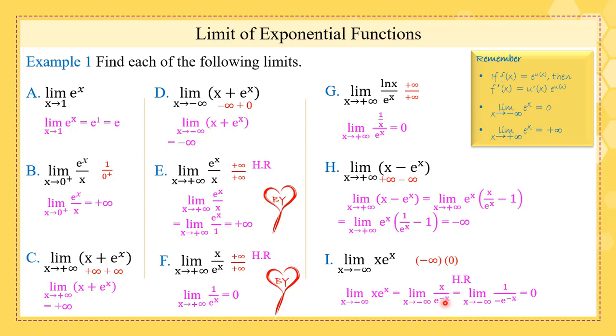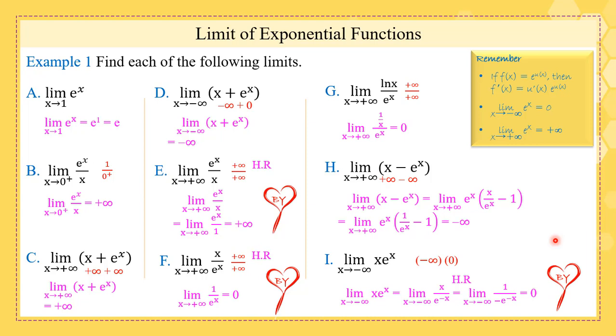This is easier. And then we apply L'Hopital's rule. The derivative of x is 1 and the derivative of e^(-x) is minus e^(-x). And after substitution, we get 0. Now, in fact, this limit could also be memorized by heart.